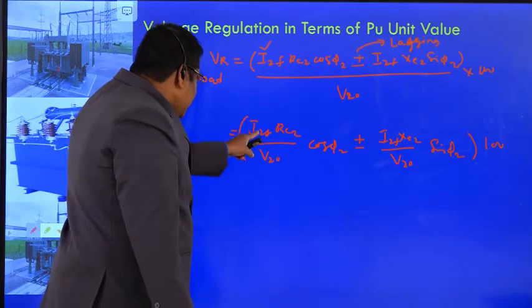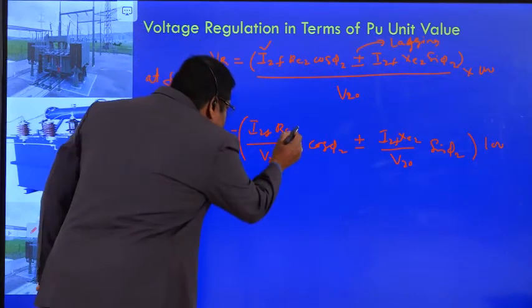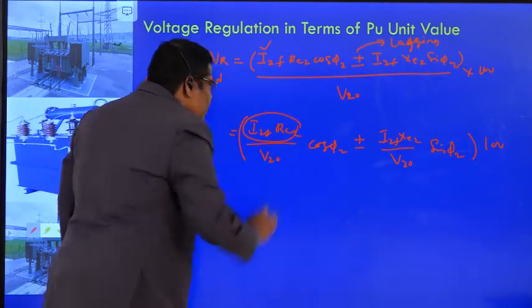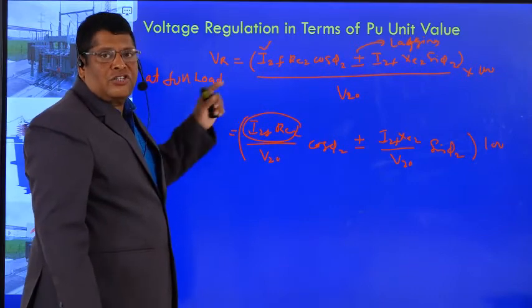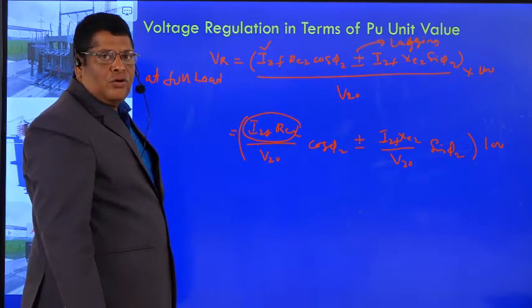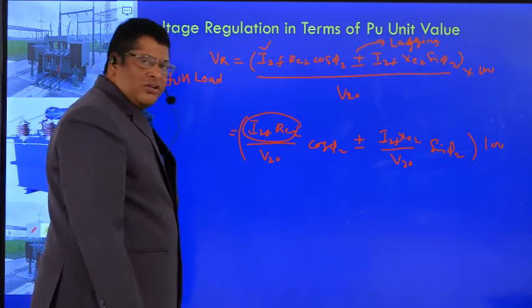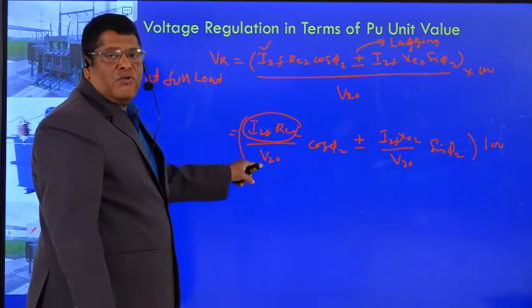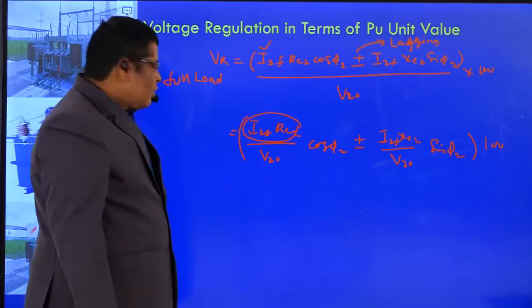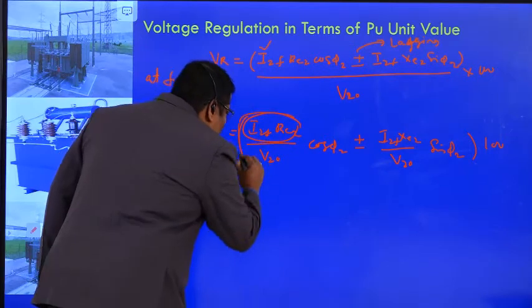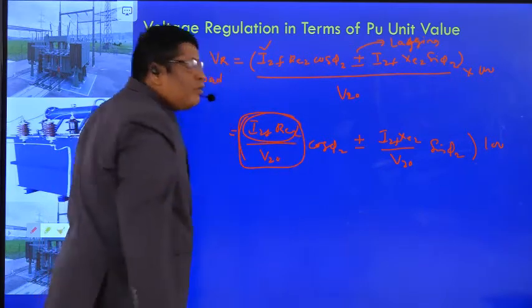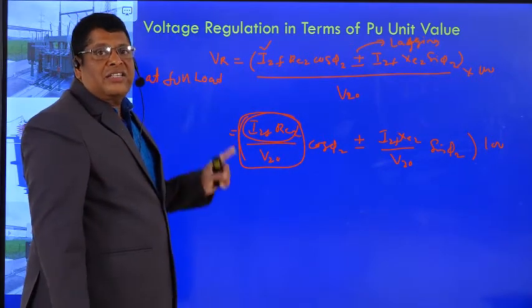So what is I2F Re2? This represents the voltage drop in the resistance, the full load voltage drop, divided by V20, the rated voltage on the secondary side. So this quantity represents the per unit value of the resistance drop.